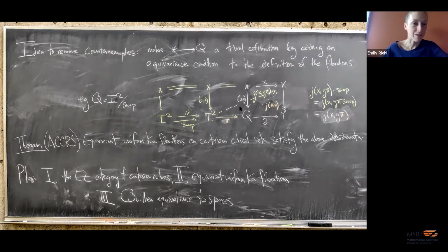But this isn't a push-out square, so it's not going to be enough to just solve this lifting problem. Merely having this dashed yellow lift is not enough to give us the dotted orange lift. But the point is, we're going to require that the dashed yellow lift satisfies an equivariance condition.